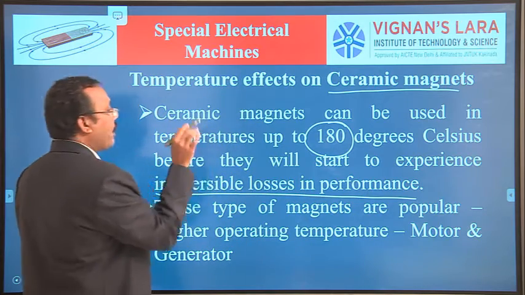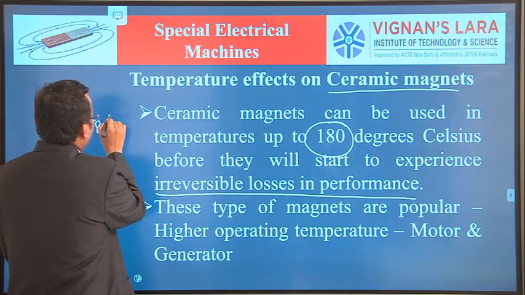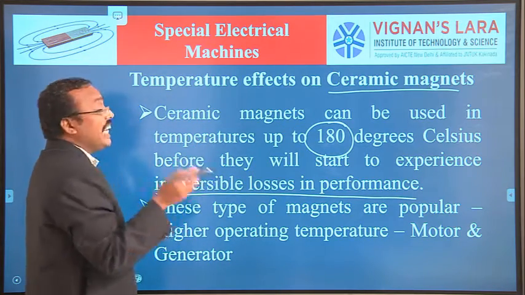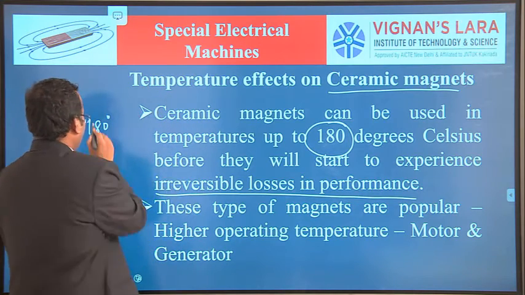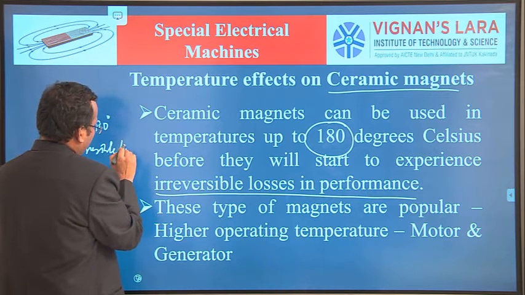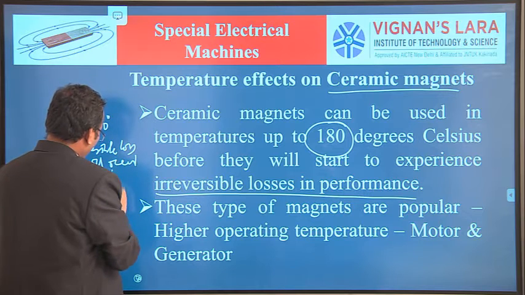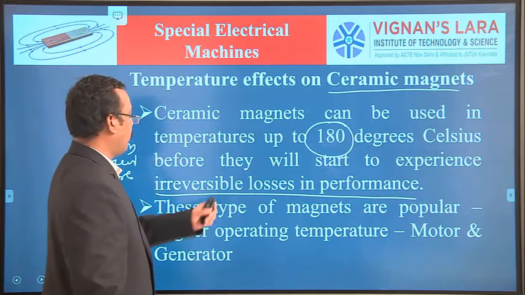This means the operating temperature of the ceramic magnet is 180 degrees, but the irreversible losses will occur before 180 degrees Celsius. This is very, very important.